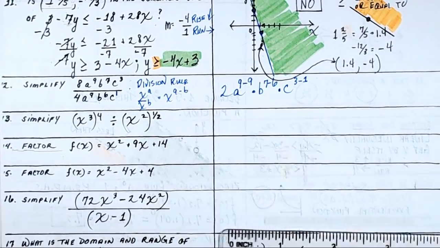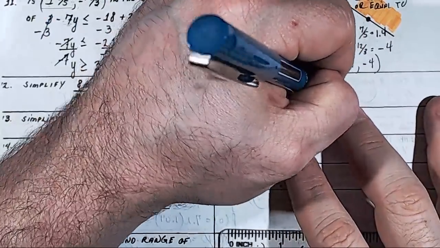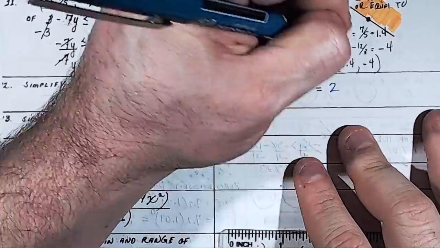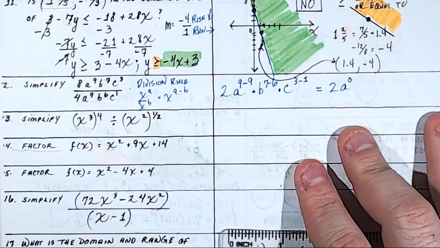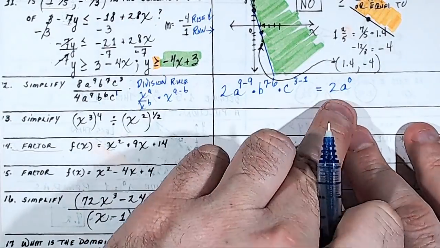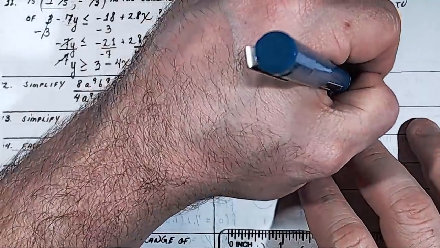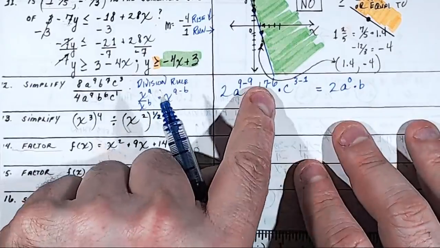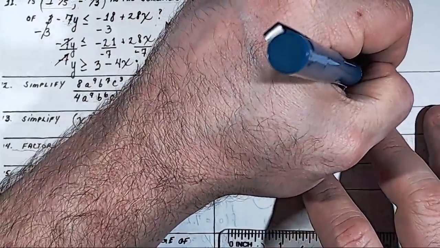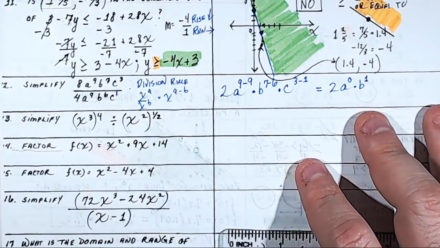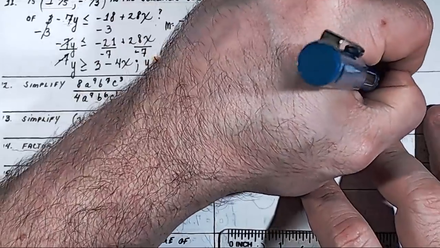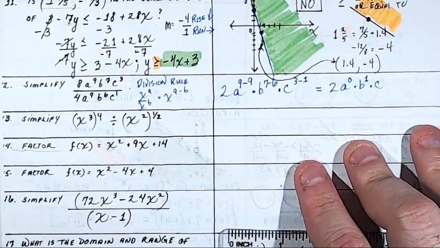So write it out like that, and you'll never go wrong. This equals, we're going to finish this off. I got 2a to the 0, because 9 minus 9 is 0. We probably already know what that means, but we'll get back to it. And then times b, 7 minus 6 is 1. Times c, 3 minus 1 is 2.